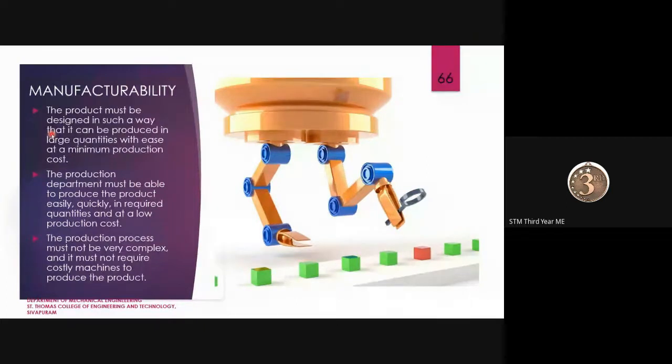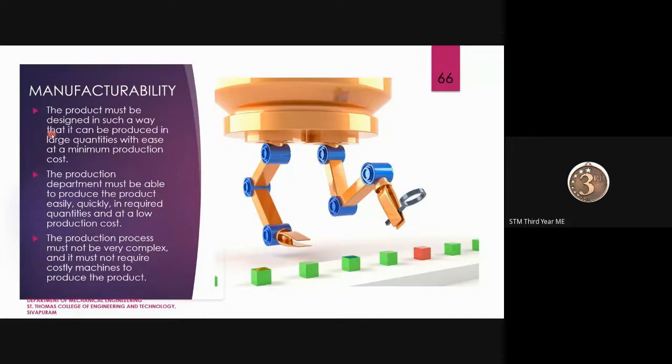Also, manufacturability deals with having low production cost. So the cost that is incurred for the product must be at a lower point, or else the people will not buy it. You have all heard about expensive things, expensive necklaces or expensive cars, etc. These are all expensive, and these are meant for only those kind of people, a millionaire or a billionaire.